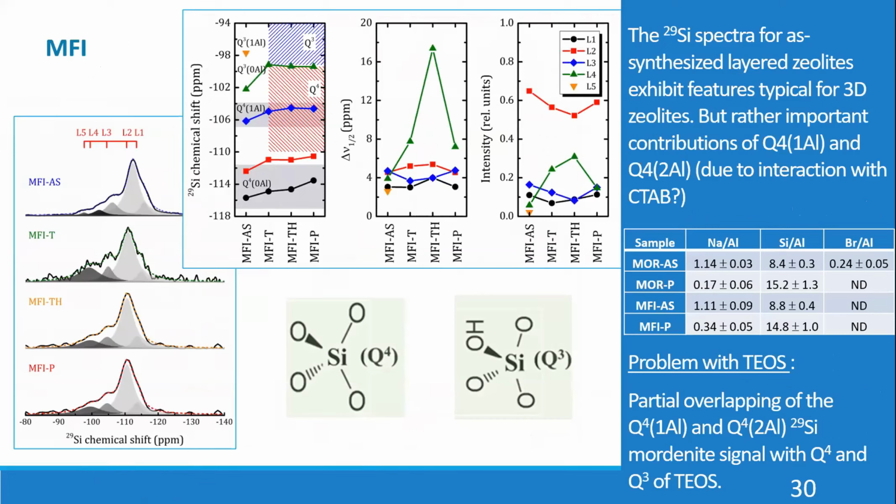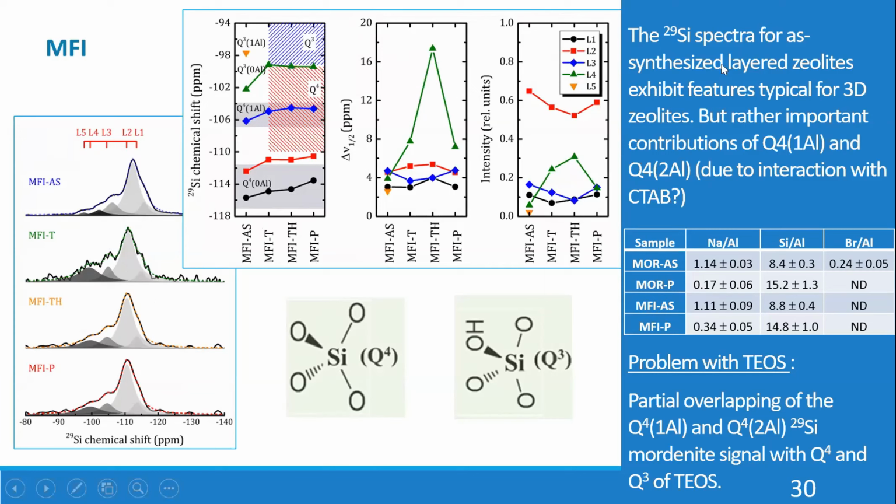If we now look at the silicon spectra and follow the evolution upon the preparation steps, we can also extract a lot of information about what happens with these materials.